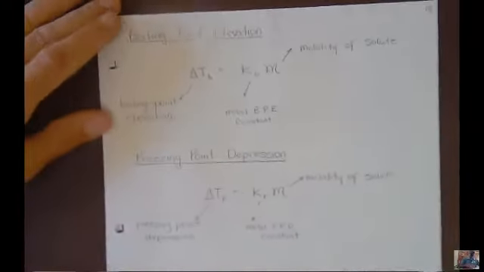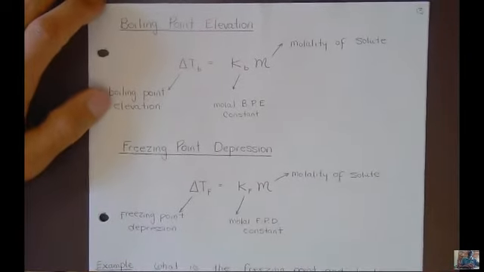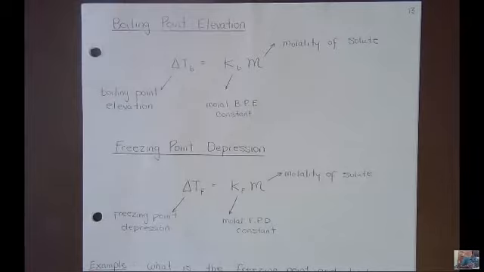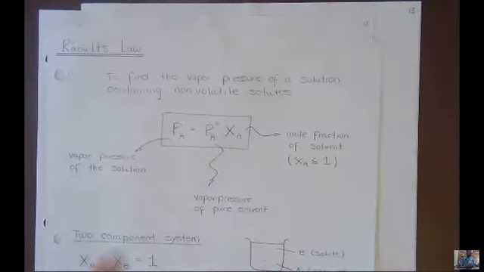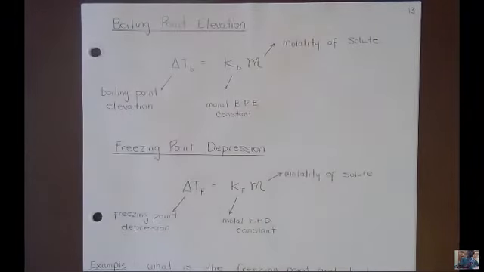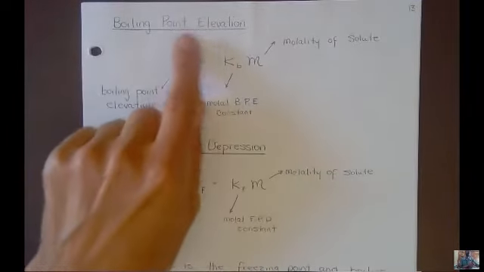Okay, so we finished vapor pressure depression, right? So how much is the vapor pressure lowered when you add a solute? Let's talk about the effect that it has on boiling point.